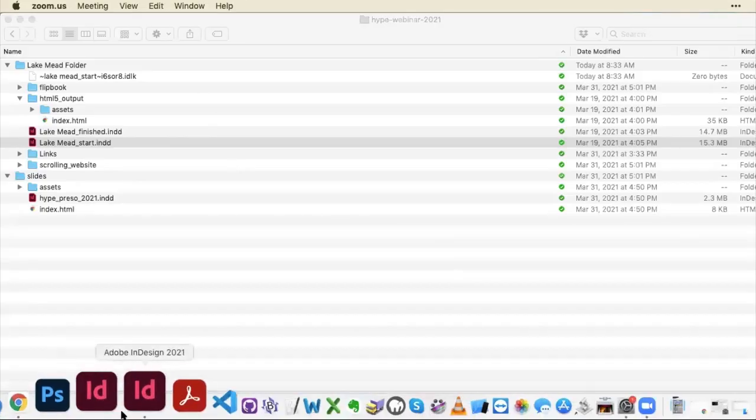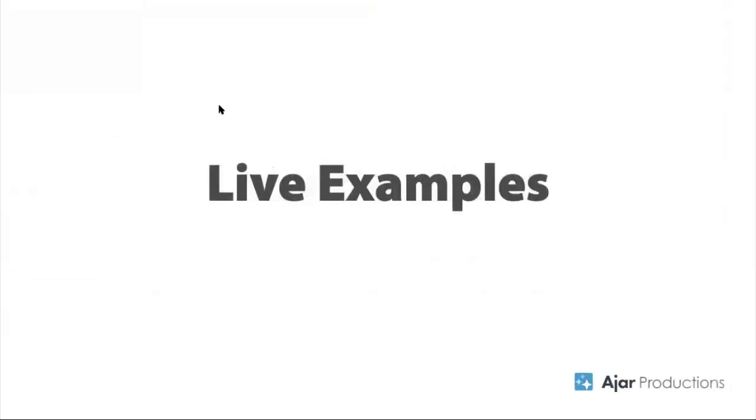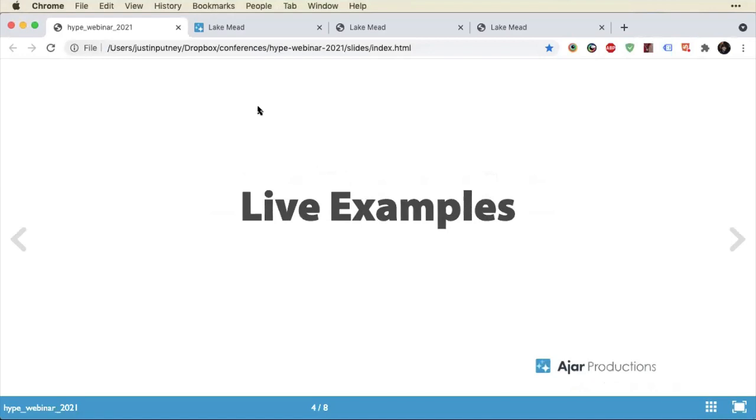And let me go back to sharing, and I will show you the document that we're going to be basically working on. So if you are new to in5, this will kind of give you a sense of what it does. First of all, this presentation was actually made in InDesign and exported with in5.